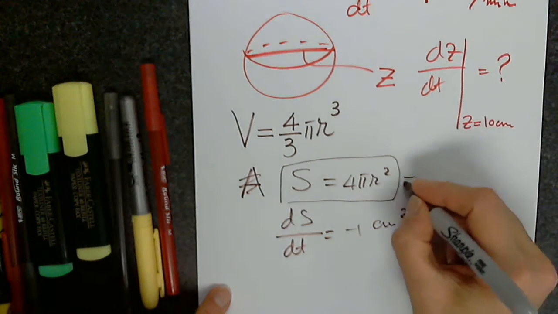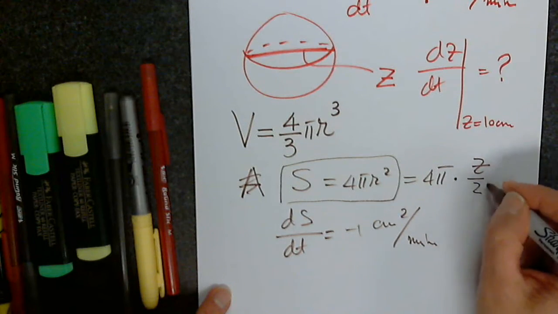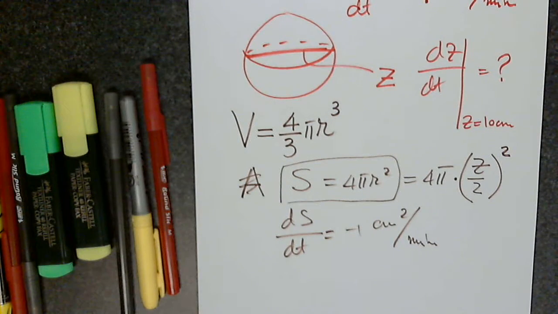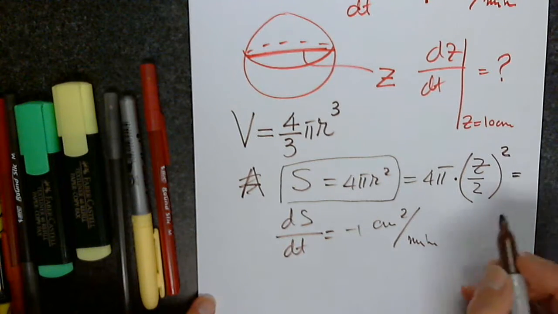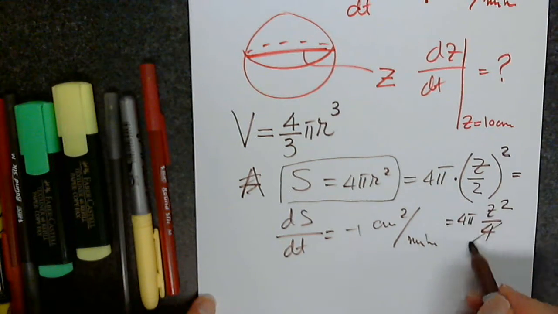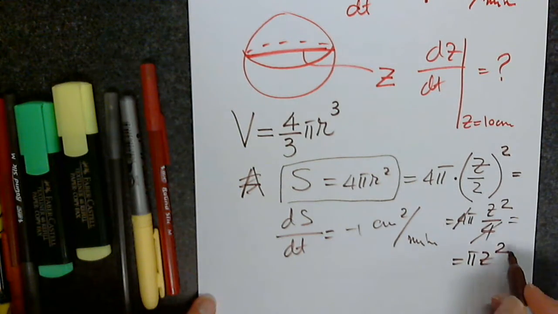Right, so this will be nothing else but 4 pi multiplied by z over 2, everything squared, because r is z divided by 2, correct? So then I have 4 pi z squared over 4, very nice. This becomes pi z squared.